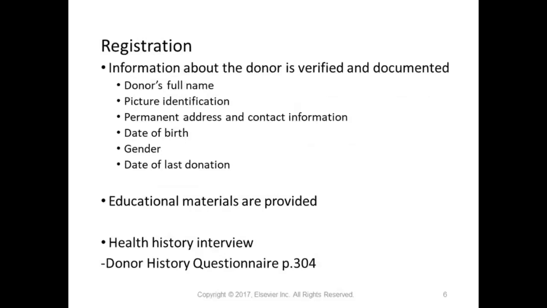So when you go in to donate, they're going to ask you your donor's full name. You have to have a picture ID, a permanent address, because if your results are positive, they need a way to get in contact with you. Your date of birth, gender, then of course, date of last donation.